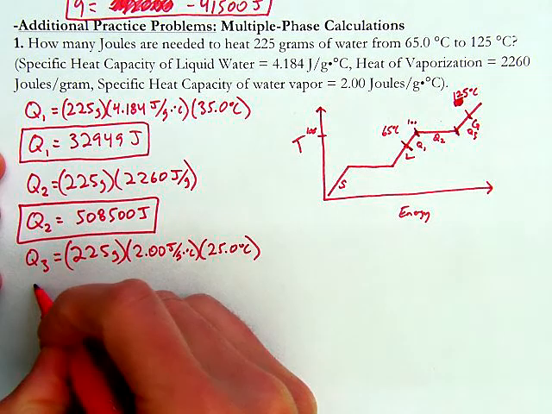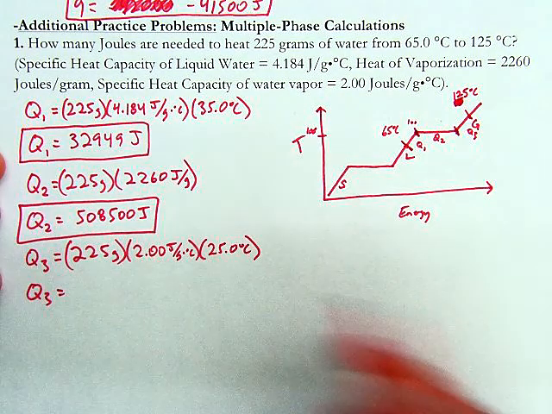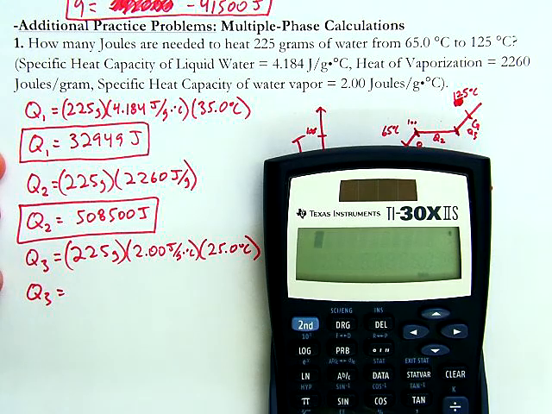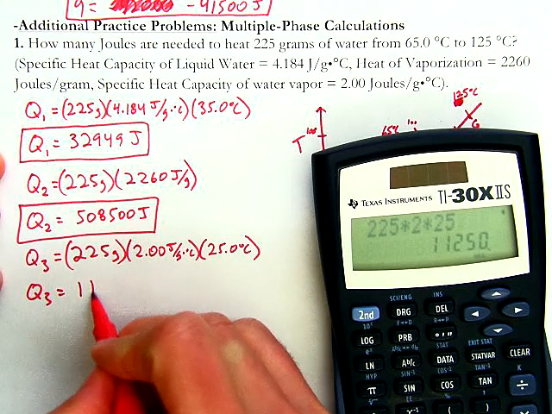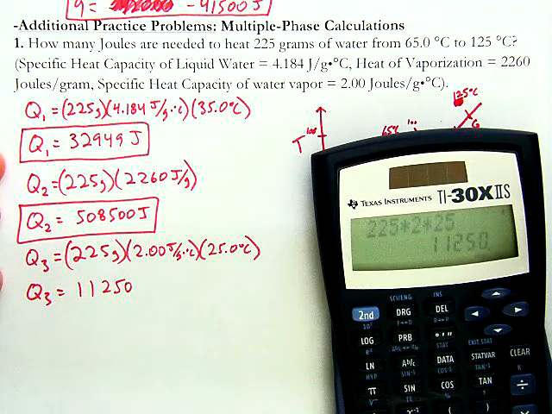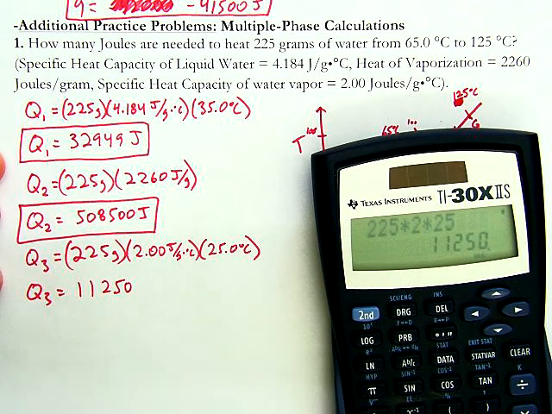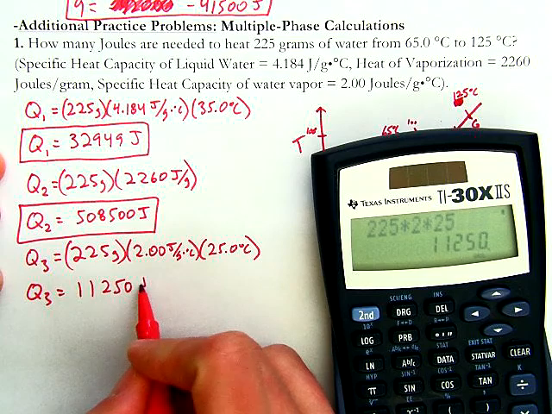If we do this, we get Q3, which is 225 times 2 times 25, 11250 joules.